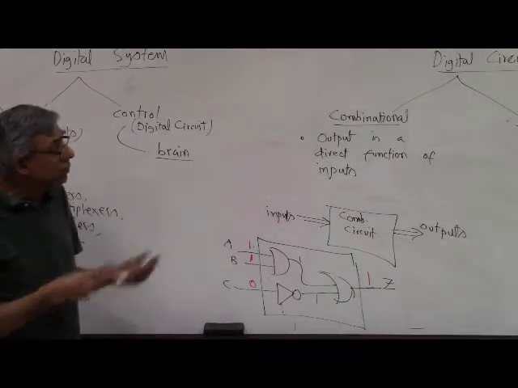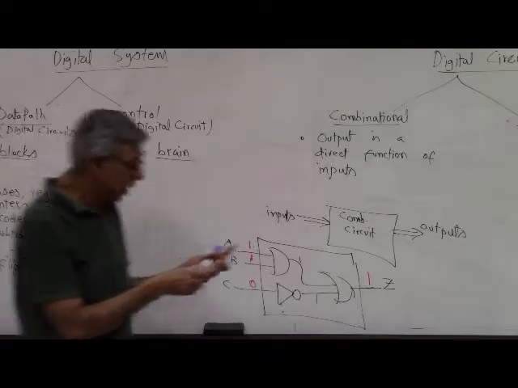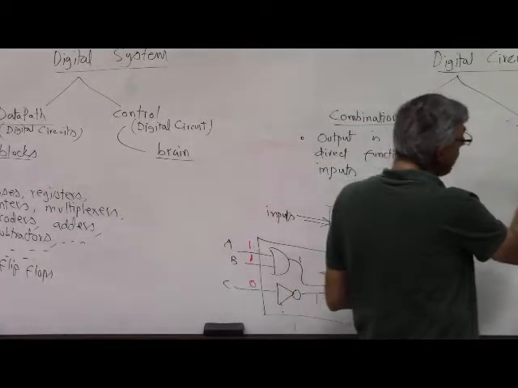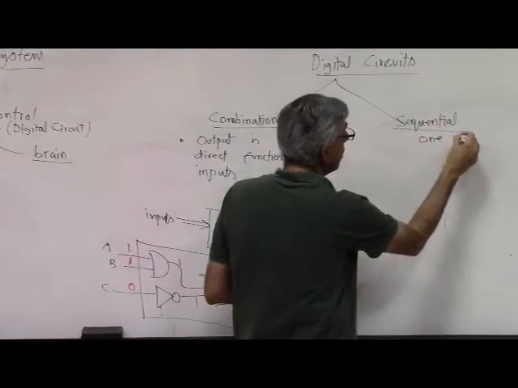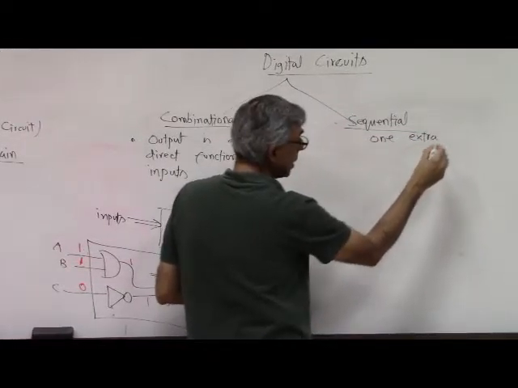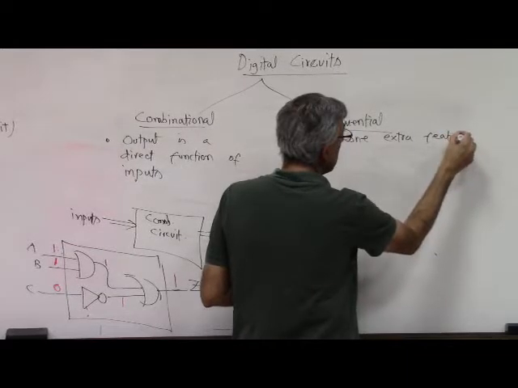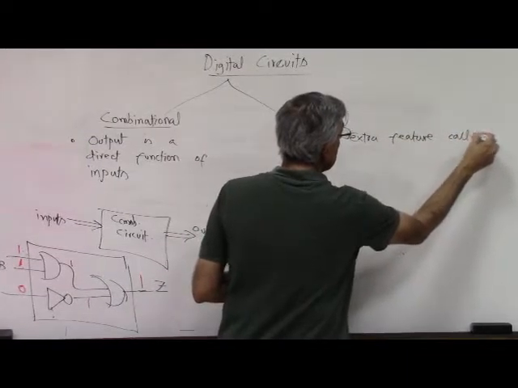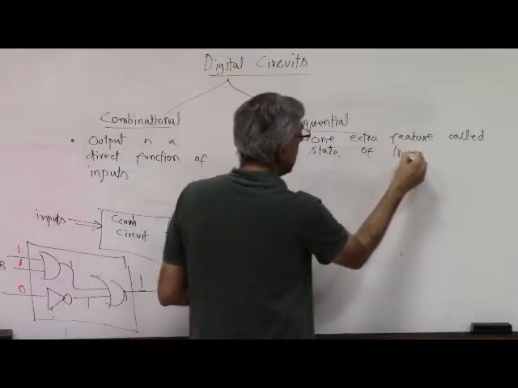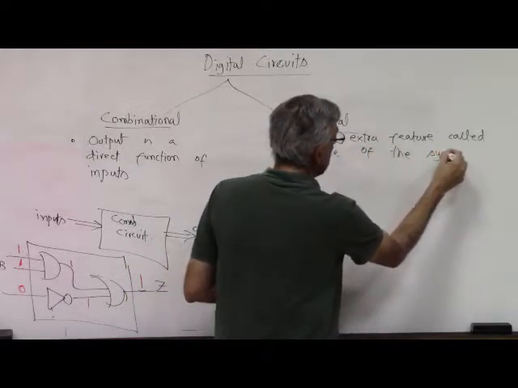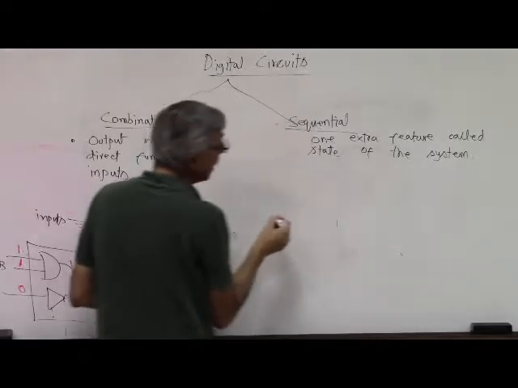Now, what's the difference between combinational and sequential? Over here, we have one extra feature, which we call the state of the system. I'll explain what state is in a minute.